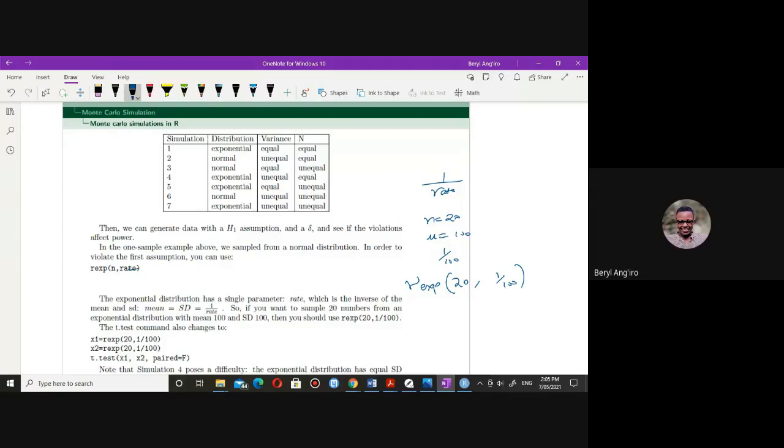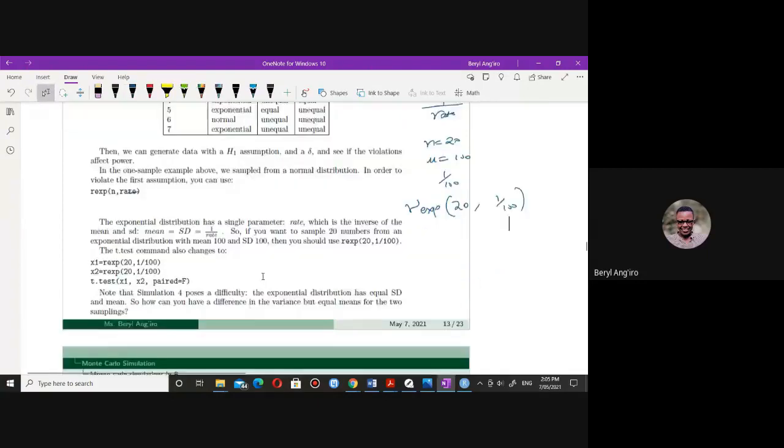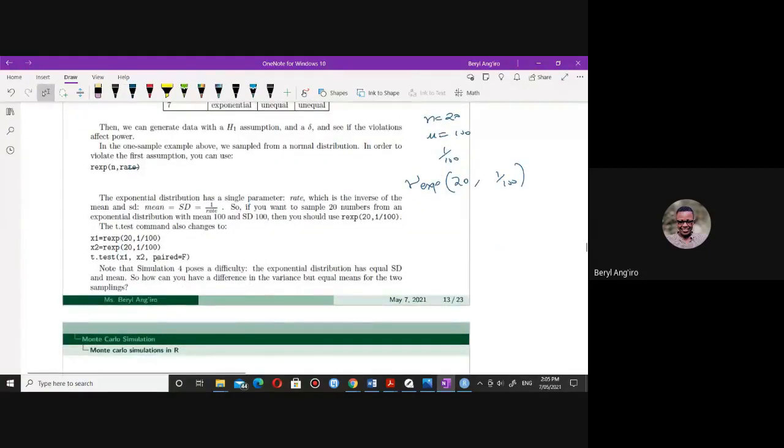Therefore, now the t-test will change. So we have the first random variable x1, 20, and also another variable x2, which is generated from the same exponential distribution. Then we can now perform the t-test on x1 and x2.